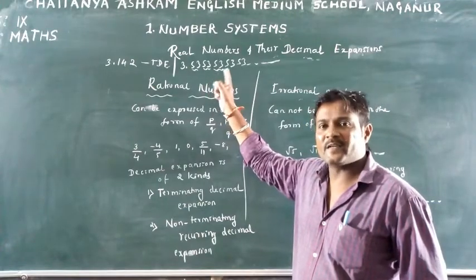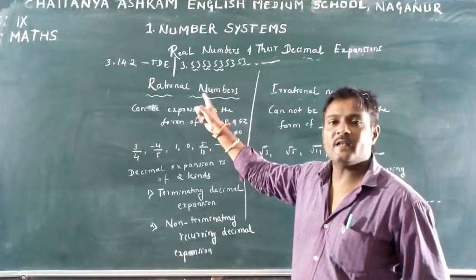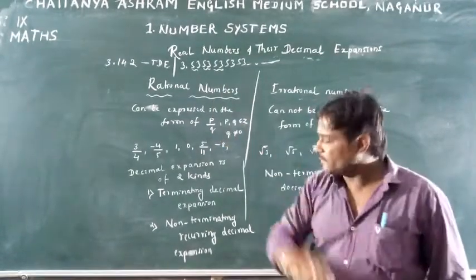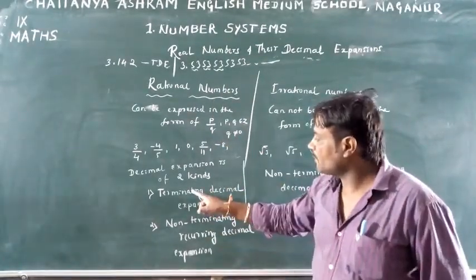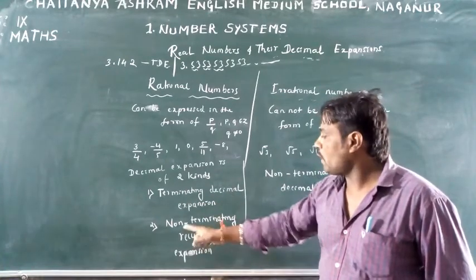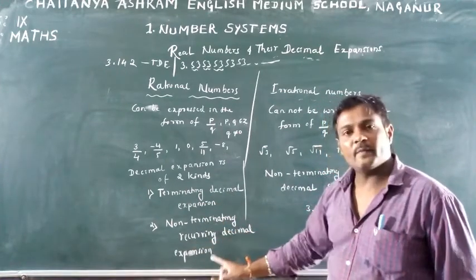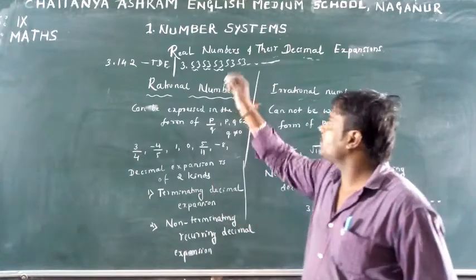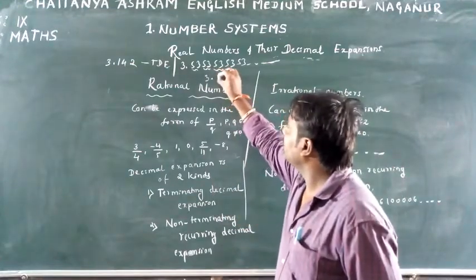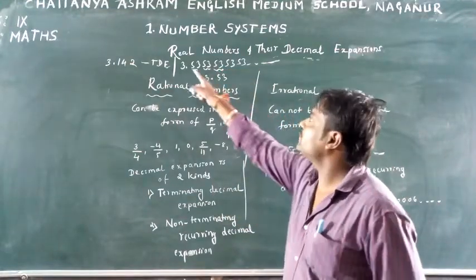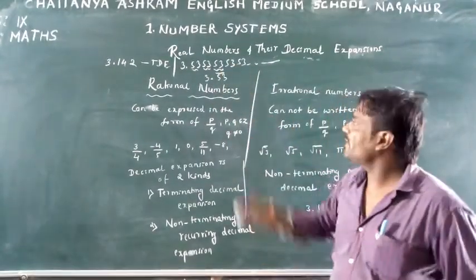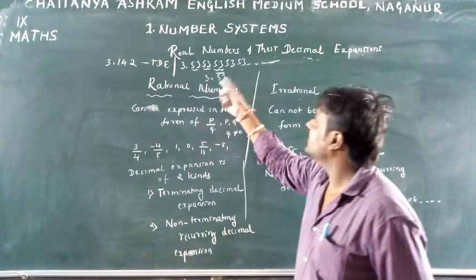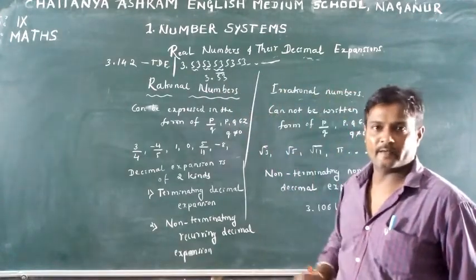Which number does it represent? It represents a rational number, because the decimal expansion of a rational number is of two kinds: terminating or non-terminating recurring. We can write this as 3.53 with a bar over the two digits, meaning 53 is repeating again and again.